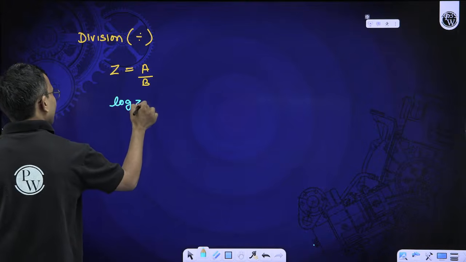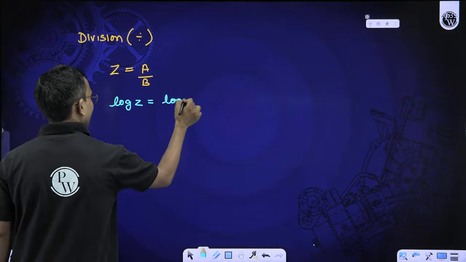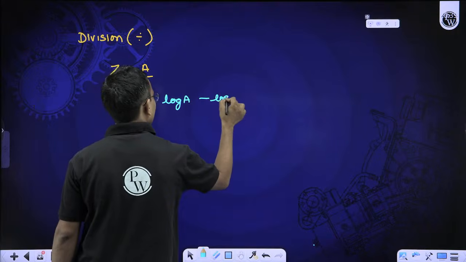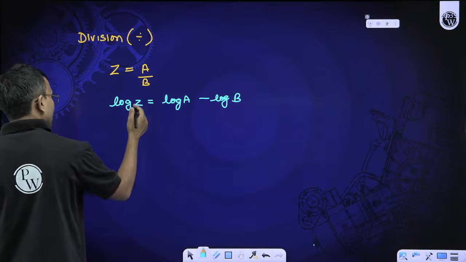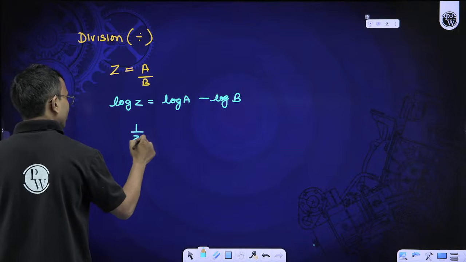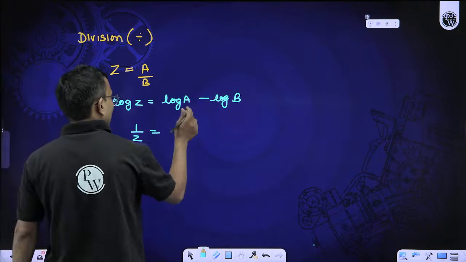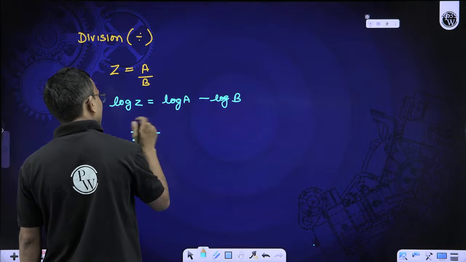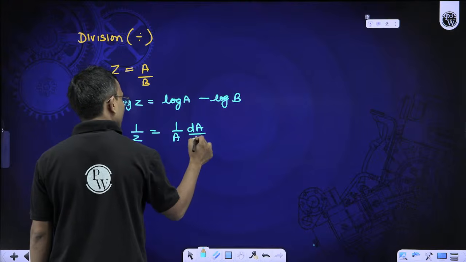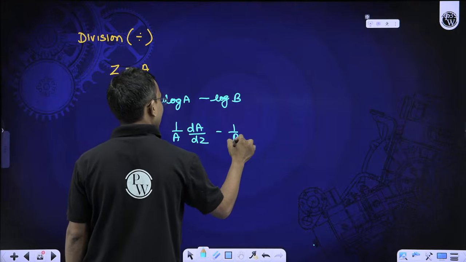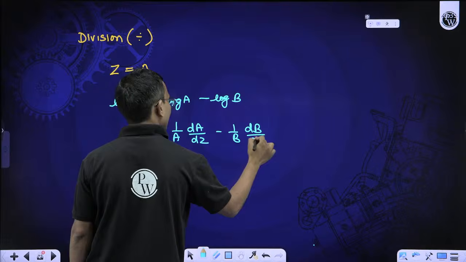Log of z is equal to log of a minus log of b. Now differentiate with respect to z. Differentiation of log z with respect to z is 1 by z. The differentiation of log a with respect to z will be 1 by a into da by dz, chain rule. Similarly, 1 by b into db by dz, chain rule.